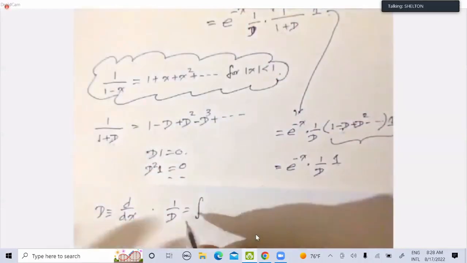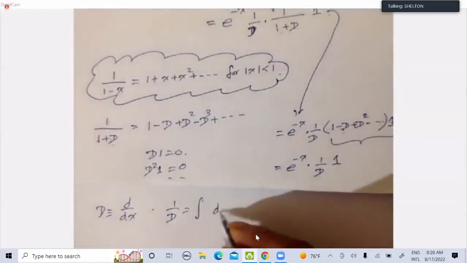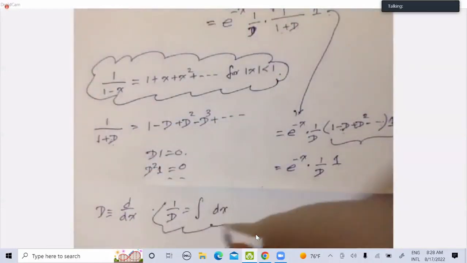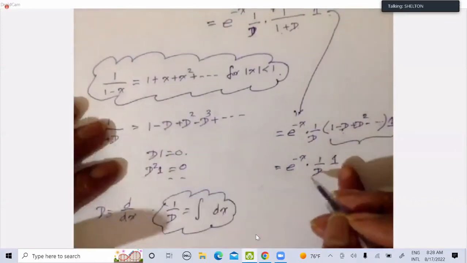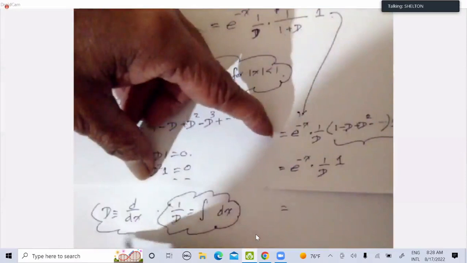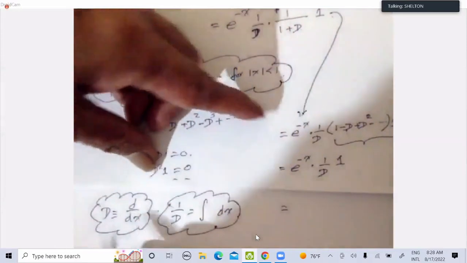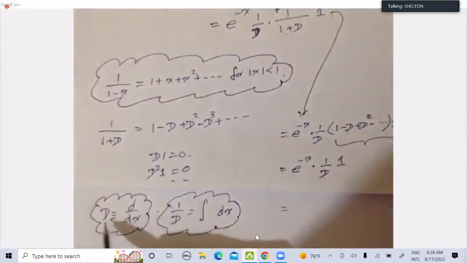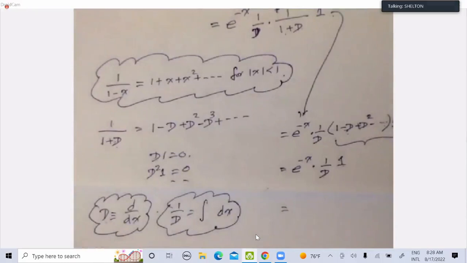Inverse of derivative is integral dx. D is taking the derivative. D applied to 1 over d, they cancel each other. So 1 over d is the integral.